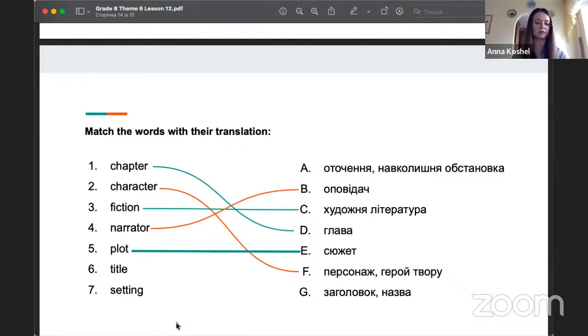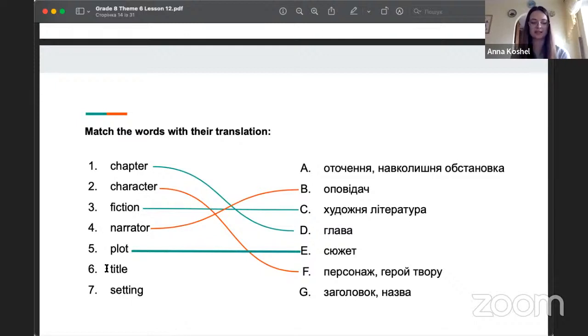Якщо читаємо в якихось новинах, бачимо на початку узагальнююче слово або фразу, про що в нас буде йти мова. Це слово пов'язане з контекстом, з сюжетом. So basically, we name the plot, we name the book, we name the part of the book, which is also called a chapter, yeah.